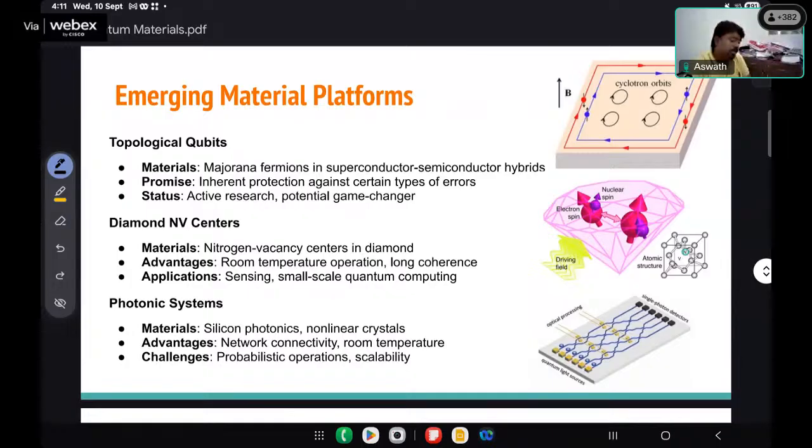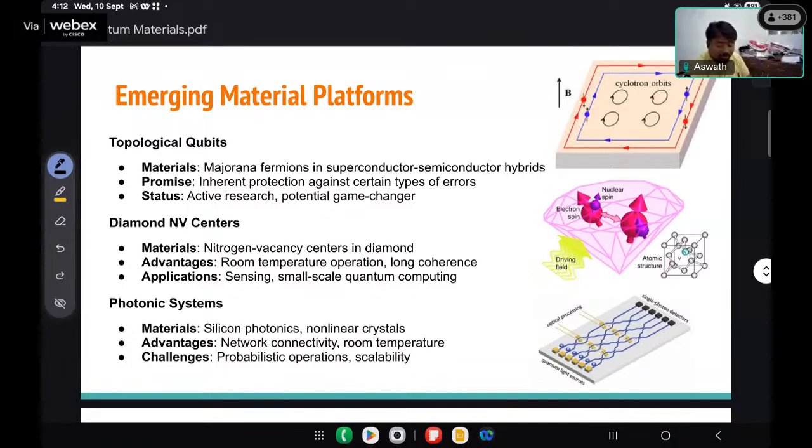We just discussed earlier what topological-based quantum qubits are. Here they have specifically given Majorana fermions. I think Microsoft earlier claimed that they have a Majorana fermion-based quantum chip, capable of working much faster and much beyond the existing computation.